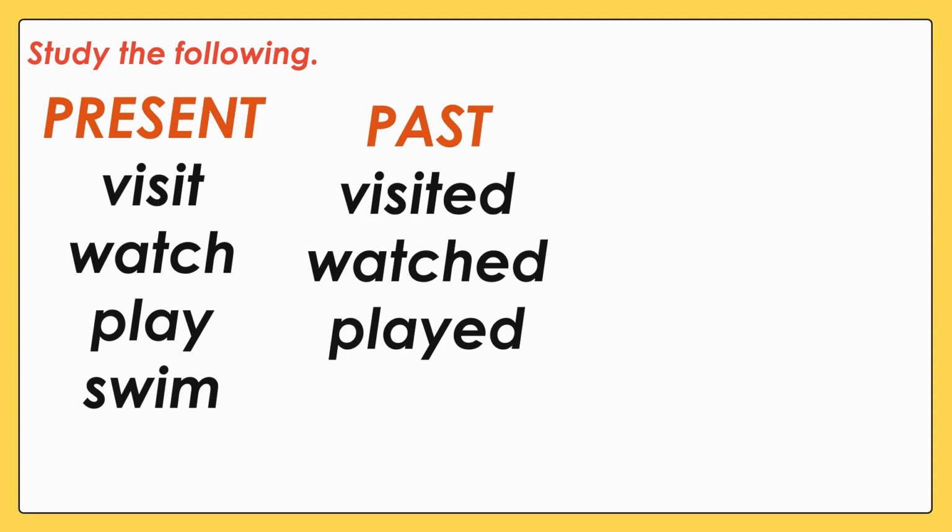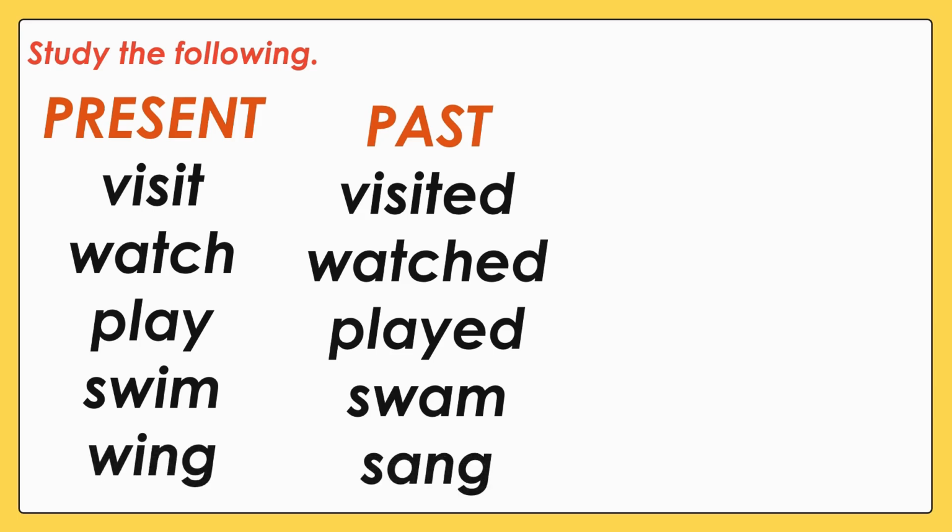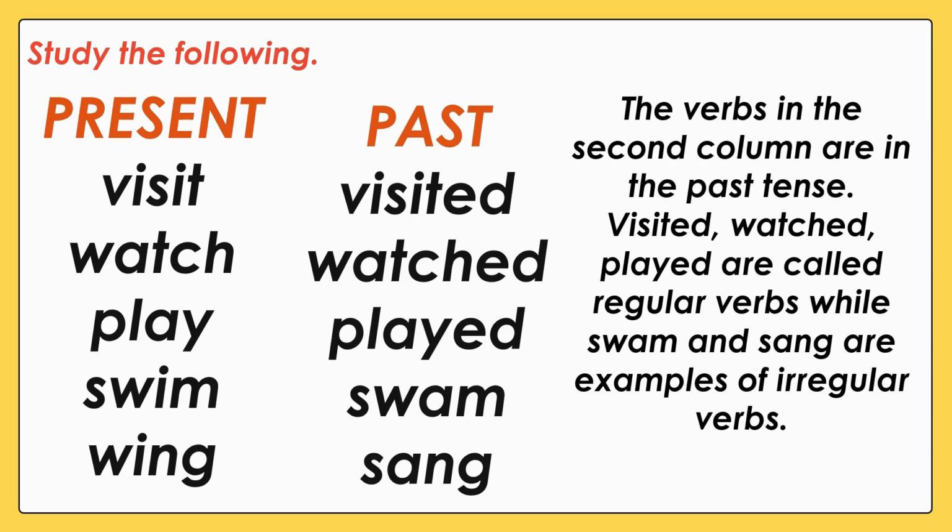Swim, swam. Sing, sung. Now, the verbs in the second column are in the past tense. Visited, watched, played are called regular verbs, while swam and sung are examples of irregular verbs.